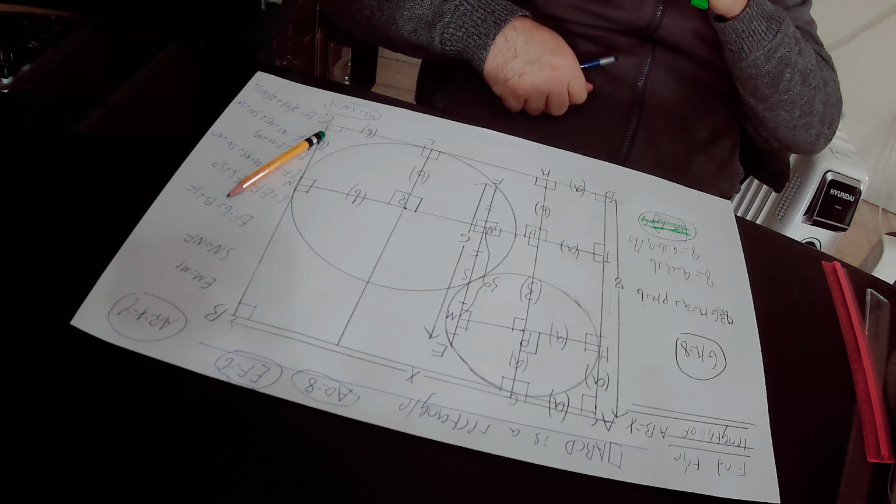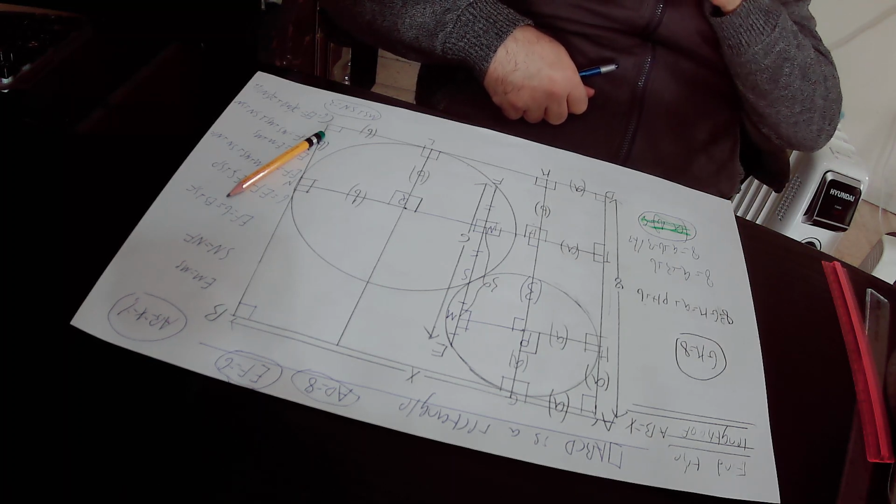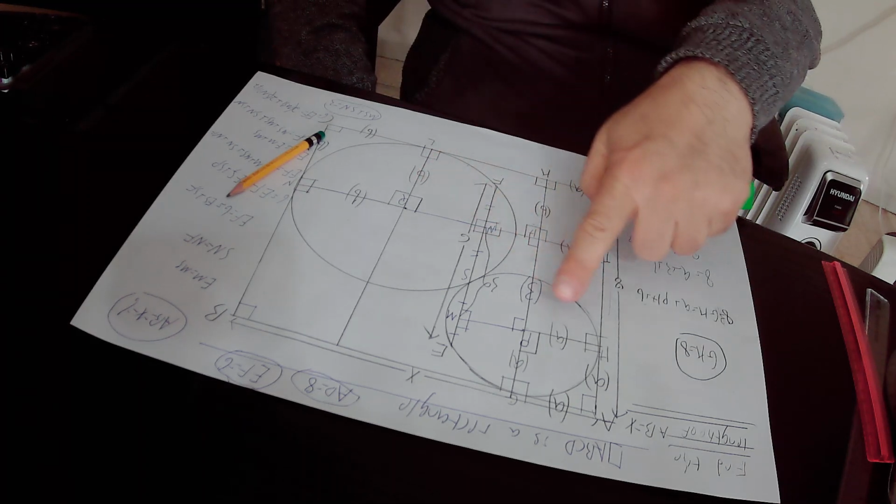In the next step, we join points P and Q together by a straight line.